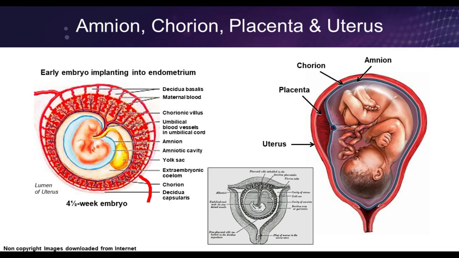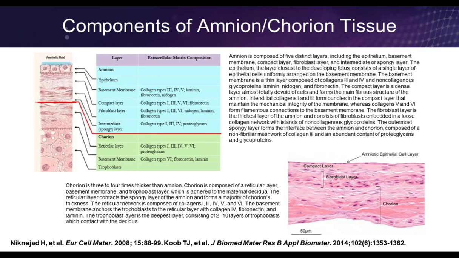Now, for the purposes of what we're going to talk about, we also need to dig just a little bit deeper and understand the components of the amnion and chorion tissue. And the diagrams here, as well as the relatively extensive explanation, basically say that the amnion is the surface of the fetal tissue that is in direct contact with the amniotic fluid. It consists essentially of an epithelial cell layer and a basement membrane.